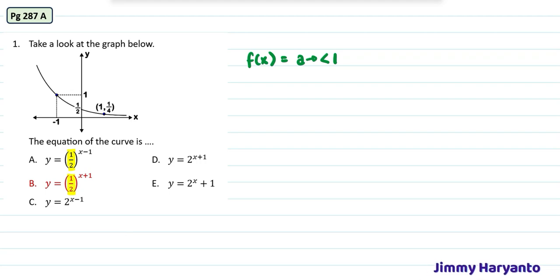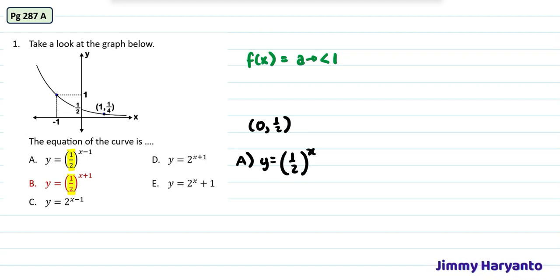Now, to find the answers, you have to guess and check. Like you use this, maybe the point of 0, half. That means you have to put it into the functions. For the first one, a, you have y equals half to the power of x minus 1.